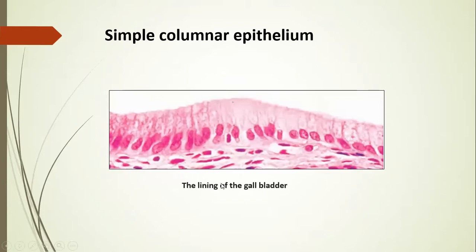The simple columnar epithelium can be seen in the lining of the gallbladder, as we see here. The cell's height is larger than the width of the cell, and the nuclei are more basal, at the base of the cells.